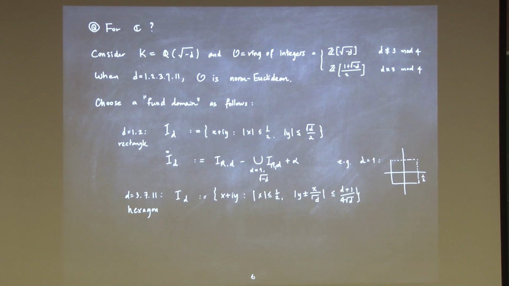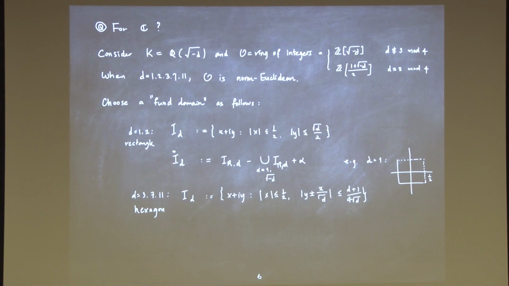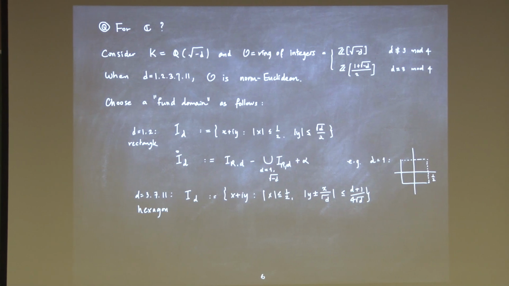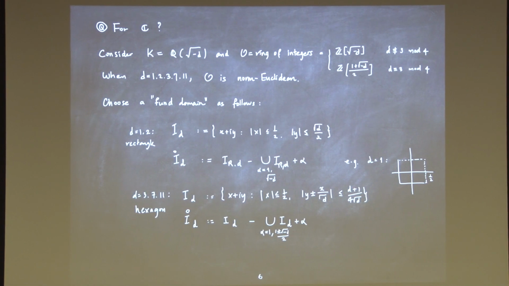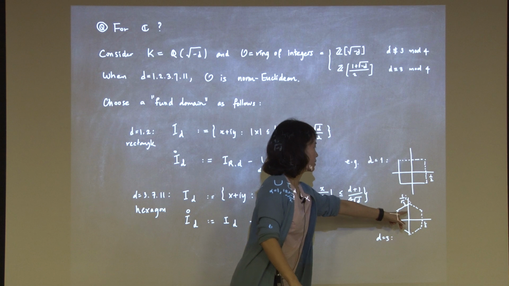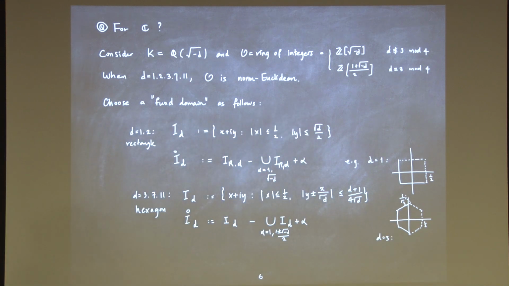Okay, so if d equals 3, 7, and 11, then we need to be a little more careful. In that case, the canonical fundamental domain will be a hexagon. For example, when d equals 3, we have a regular hexagon here. Anyway, so we have this fixed fundamental domain.